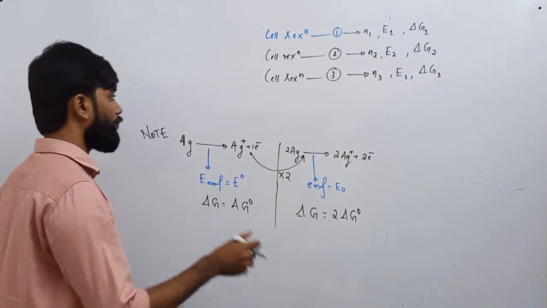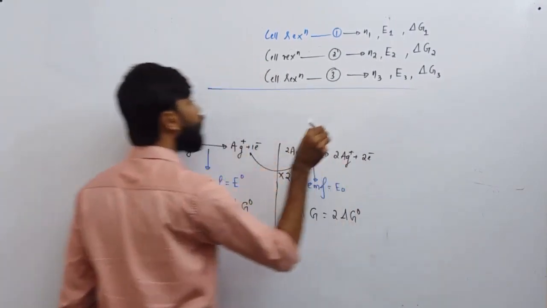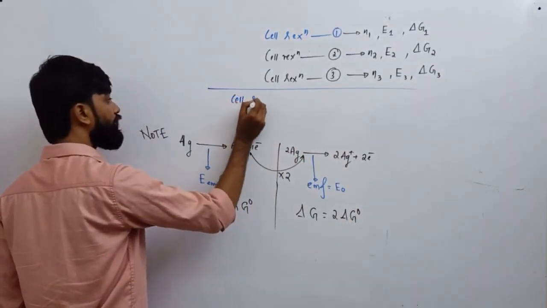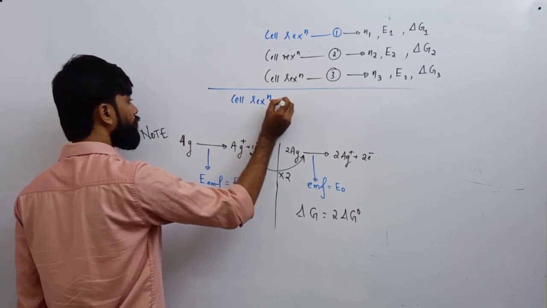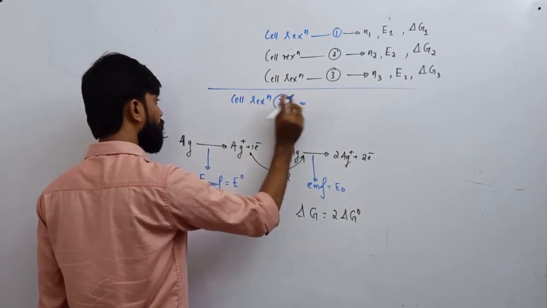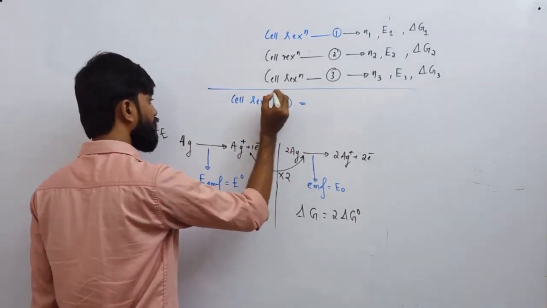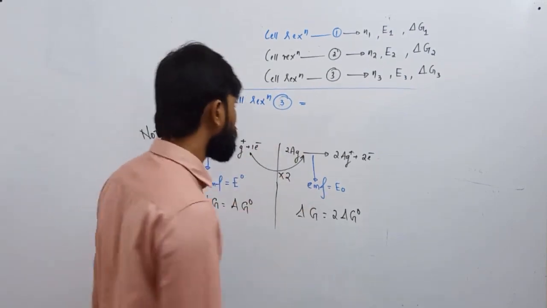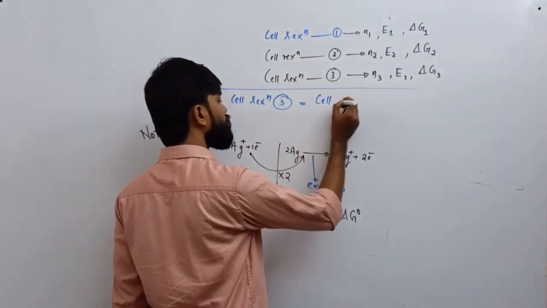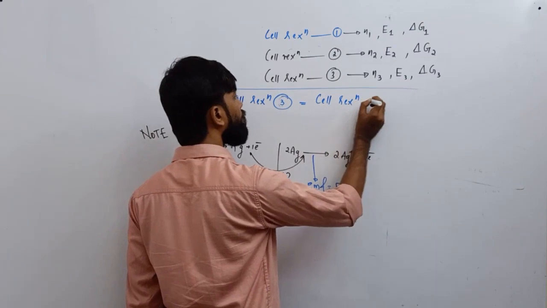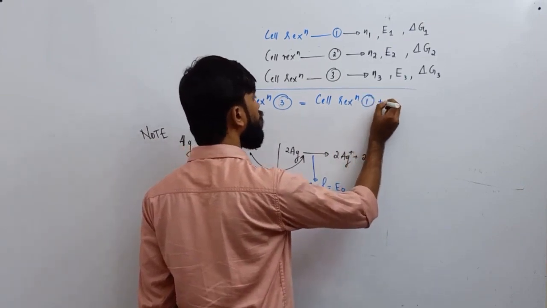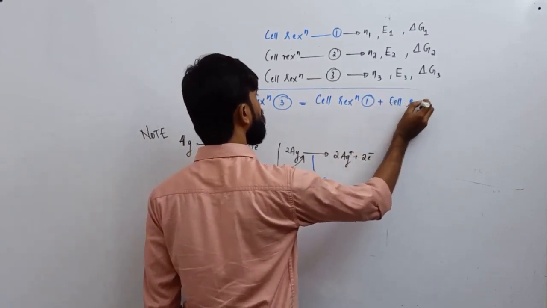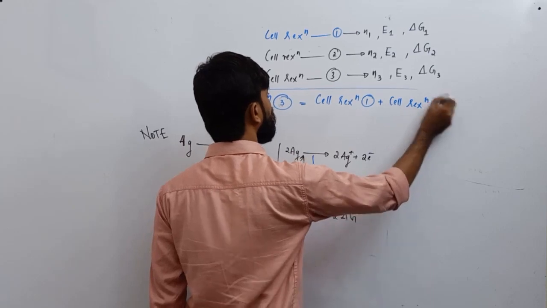Okay, fine. If you know that cell reaction number 3 is obtained by the addition or subtraction, whatever it may be, it is obtained by the addition of cell reaction number 1 with cell reaction number 2. Ready?